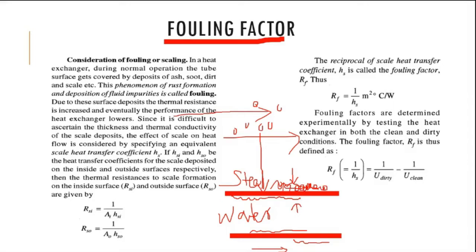In that case also, the overall heat transfer coefficient is going to change. To account for this changed overall heat transfer coefficient, we consider two factors, the fouling factors on both sides. Is this part clear to all?